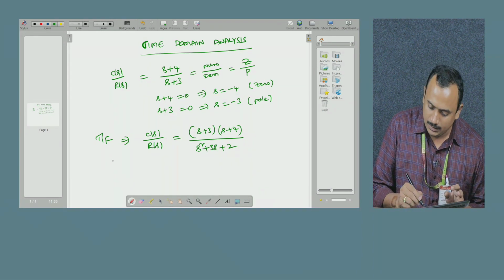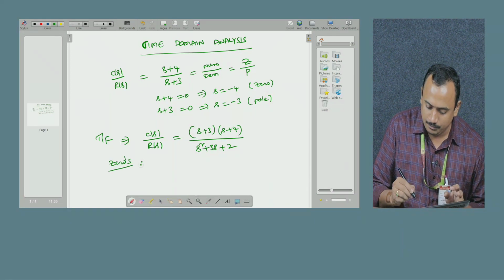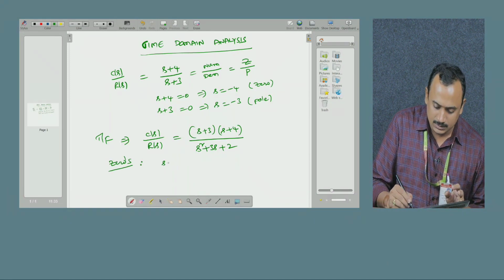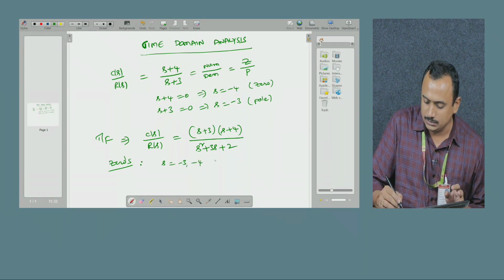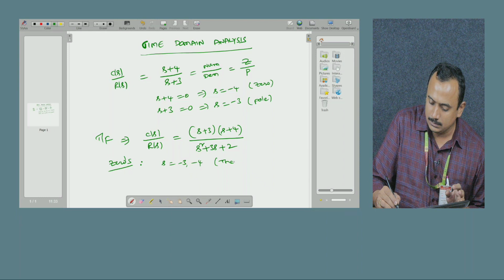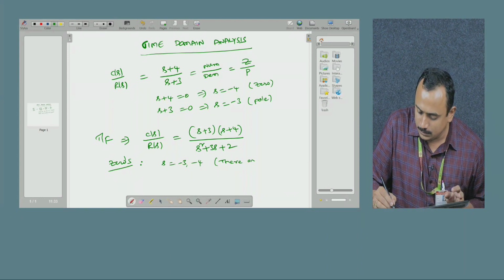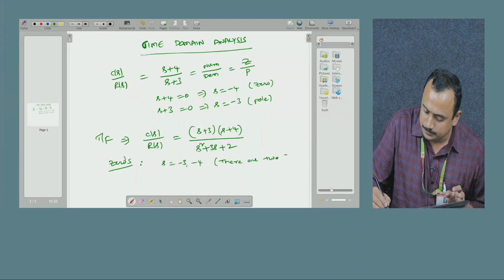Now if I see the zeros, you will get s = -3 and -4. So there are two zeros for the given transfer function.